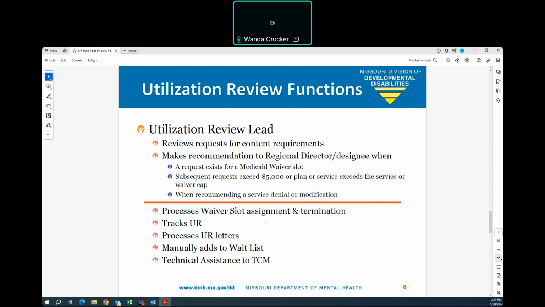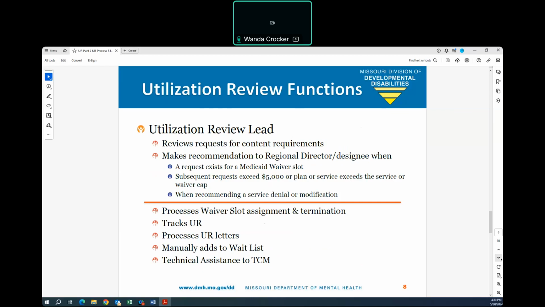They are going to make a recommendation to the regional director designee when there is a request to exceed $5,000 or the plan or service exceeds the service or waiver cap. And they refer to the regional director when recommending a service denial or modification.